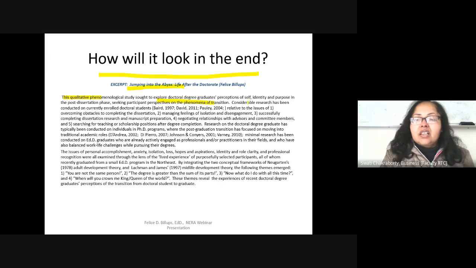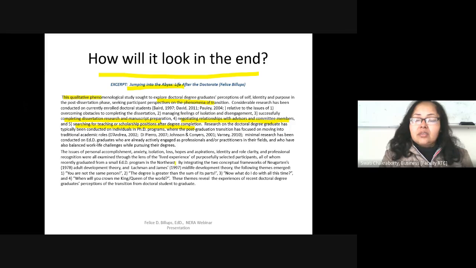Several studies have been conducted on currently enrolled doctoral students: overcoming obstacles to completing the dissertation, managing feelings of isolation and disengagement, successfully completing dissertation research and manuscript preparation, negotiating relationships with advisors and committee members, and searching for teaching or scholarship positions after degree completion.